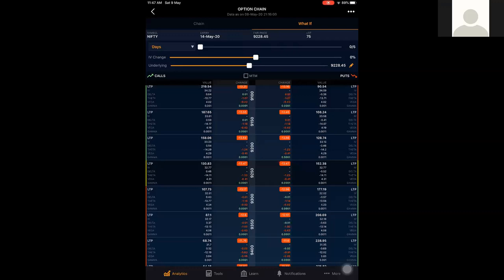When you buy an option, what are the things which impact it? First, every passing day will impact us. Second, the change in IV will impact us. Third, the change in the underlying itself will impact us.